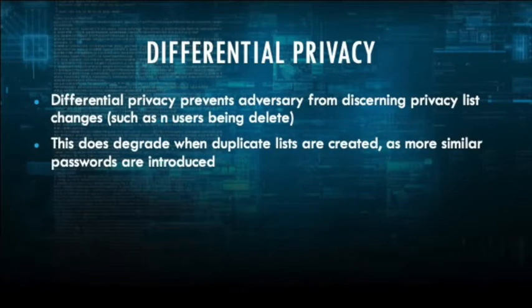Finally, the list will have group privacy, which prevents adversaries from discerning list changes, such as when end users are deleted or created. This further obfuscates the data and makes it harder for an adversary to use the data in an effective way. Unfortunately, differential privacy does degrade when lists are duplicated or there are similar passwords introduced into lists.